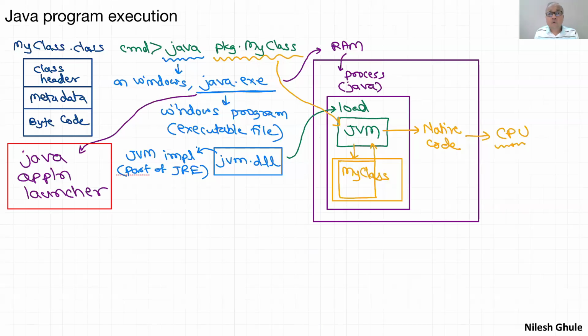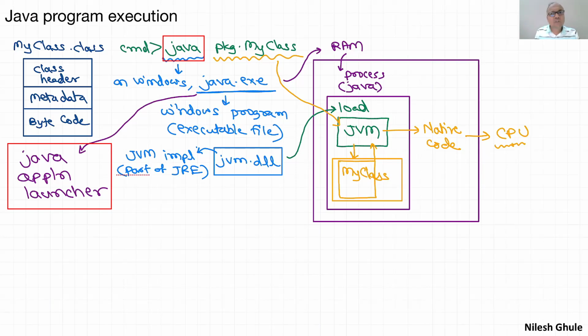Do you know that this java that we give it on Windows is basically a java.exe that comes with your JDK. And the java.exe is a Windows executable. So when you are trying to run a Java application, the first thing you are actually trying is nothing but java.exe as a Windows executable.